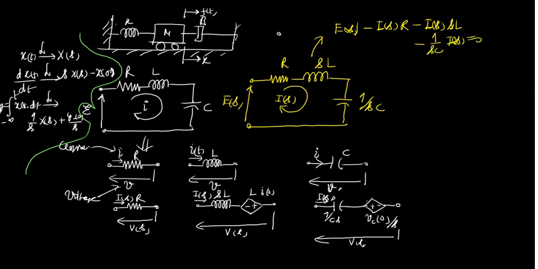When you rearrange it, you get Es equal to Is times R plus SL plus 1 by SC.